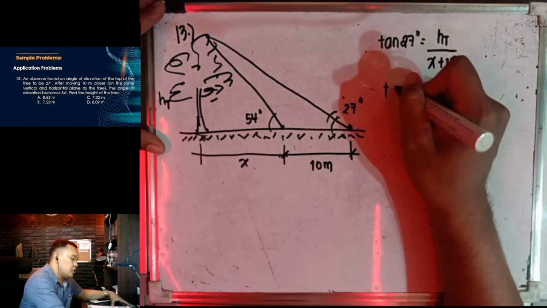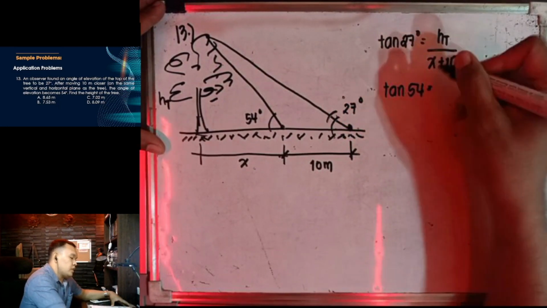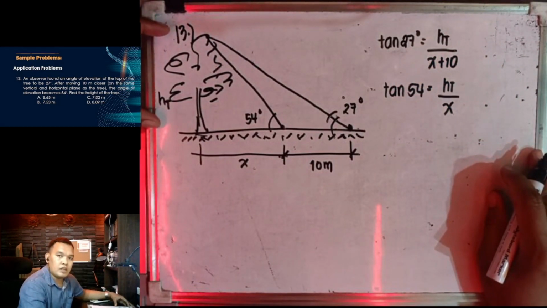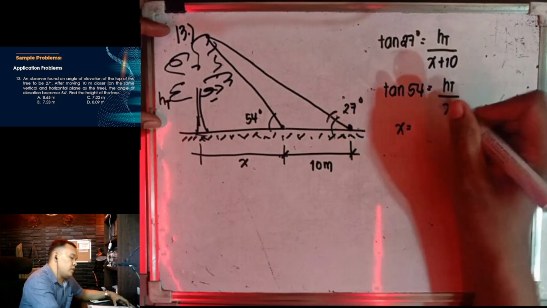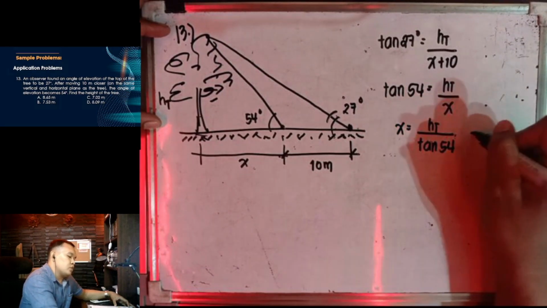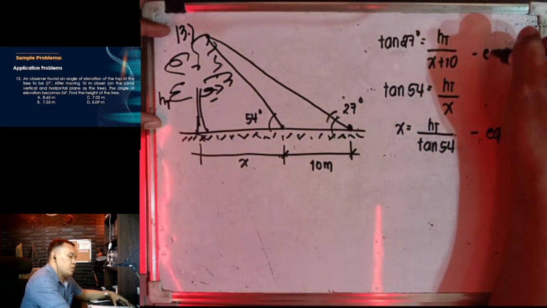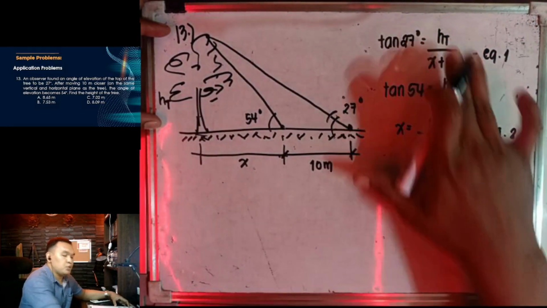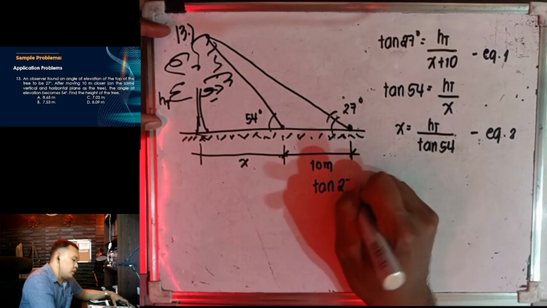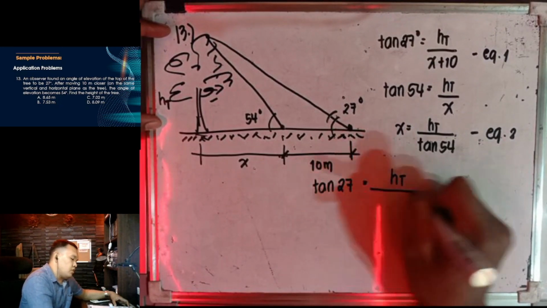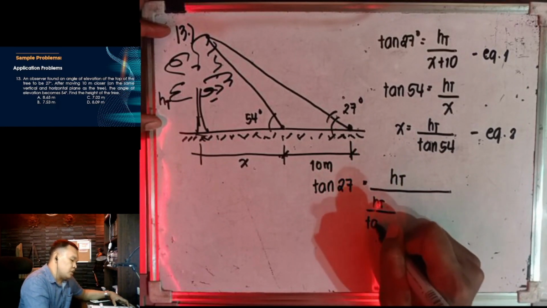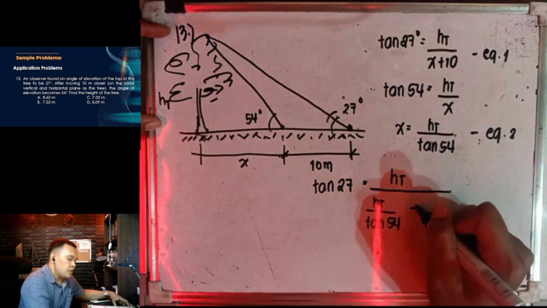Then, we could see that tangent 54 is equivalent to height of the tree all over x. Since what we need to find is the height of the tree, we can say x is equivalent to height of the tree all over tangent 54. So this is our equation 2. This is our equation 1. Then, substitute it there to get the height of the tree. So we have here tangent 27 is equivalent to height of the tree all over x, which is the height of the tree all over tangent 54, plus 10.